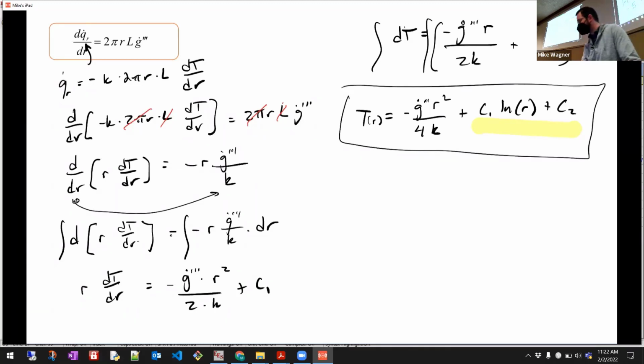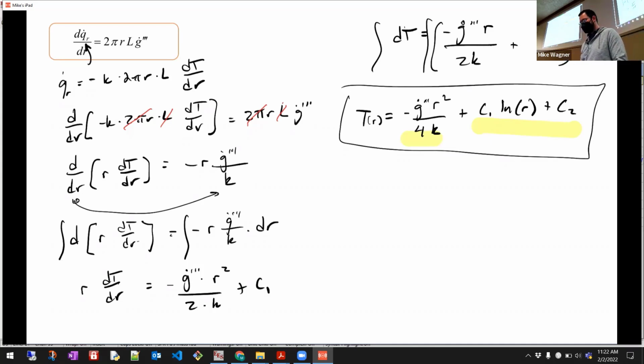But now we've got a generation term here. So in fact, we're taking a 1D steady state solution with no generation, and adding to that a profile that has to do with the amount of generation that you have. So you're layering these things on top of each other, and it just works out to be this.